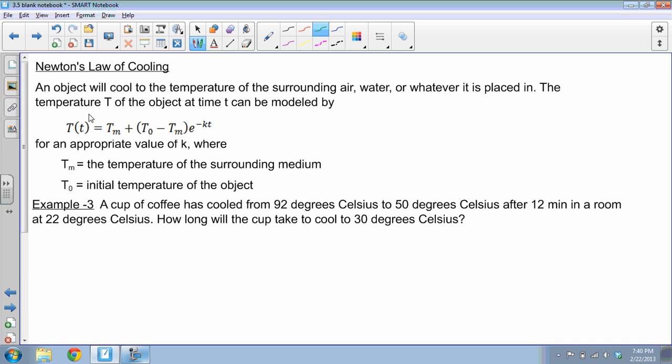We've got this formula right here, where we are going to, on the example I'm about to do, we're going to have to find K, but T of M is the temperature.